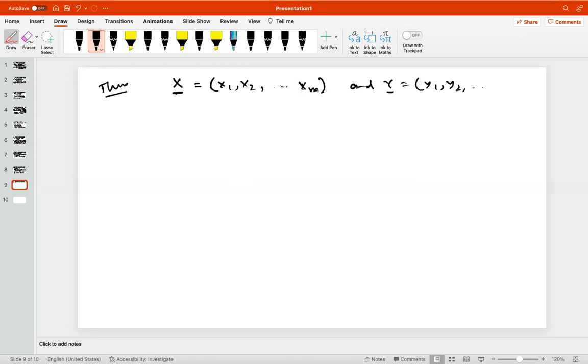Let these be independent random vectors.